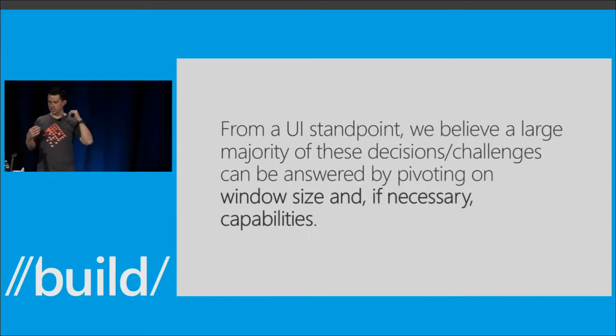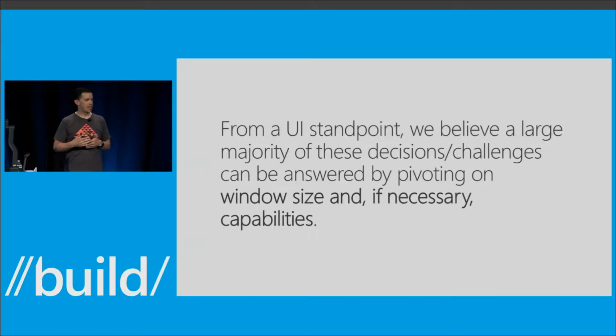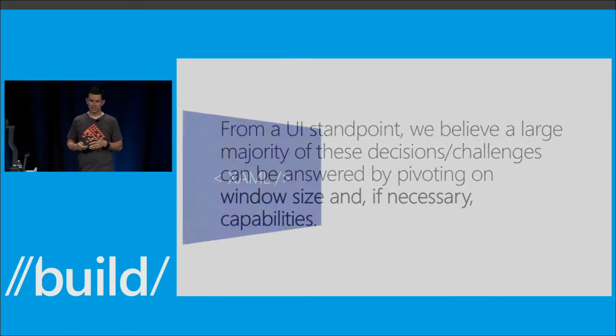And we believe this is the core message we want to get to you in this session: from a UI standpoint, we believe that a large, if not all, of your key scenarios can be met with creating a single app and within single views that use the APIs that we'll be able to show you, that responds simply to window size, and if necessary, and only if necessary, checking for feature detection or capabilities. And so hopefully we'll be able to demonstrate that to you today.